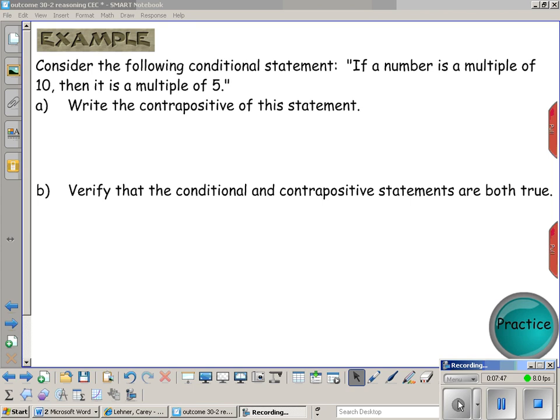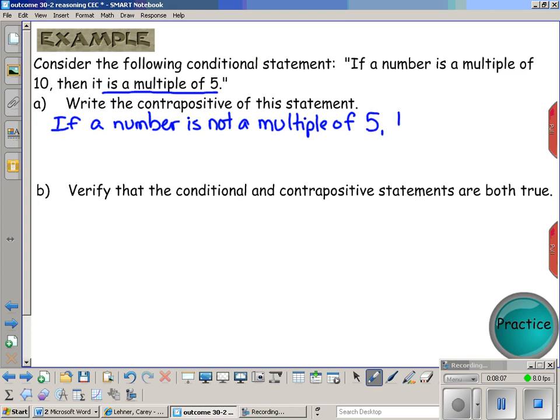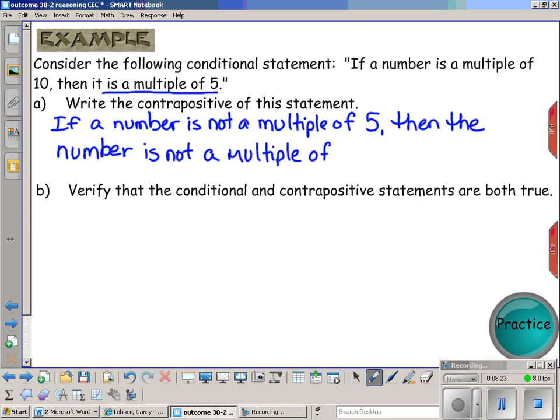So now we're going to start with the multiple of 5. So we're going to say if a number is not a multiple of 5, then the number is not a multiple of 10.